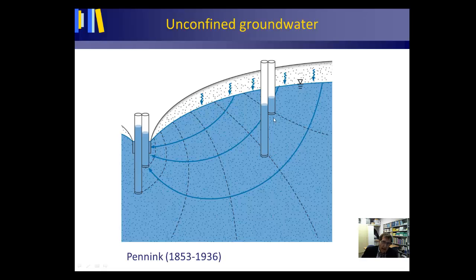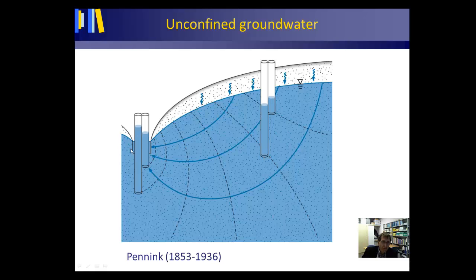So your hydraulic head, if we take this as a reference level, is simply this height, which I'm indicating now. Your total energy here, your hydraulic head, is this height. So we have a higher hydraulic energy, a higher total energy here than there, meaning that water is flowing downward.